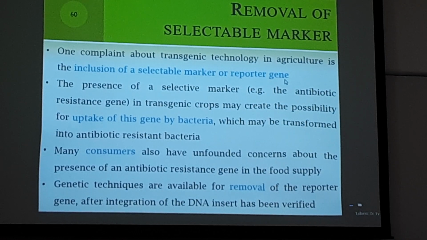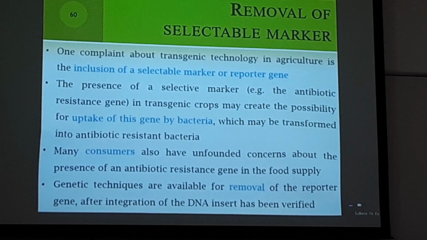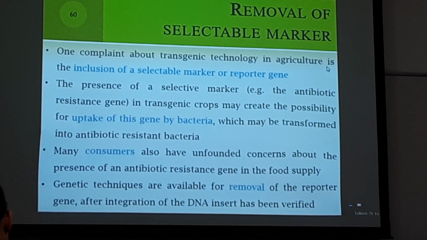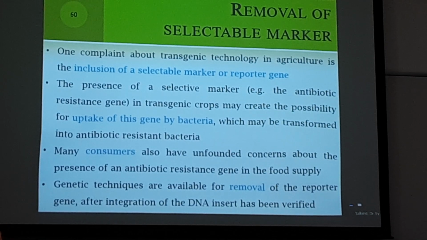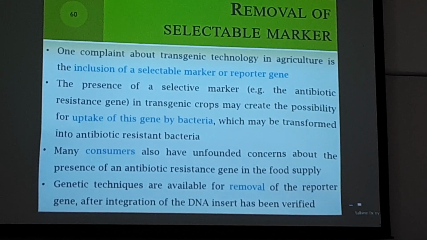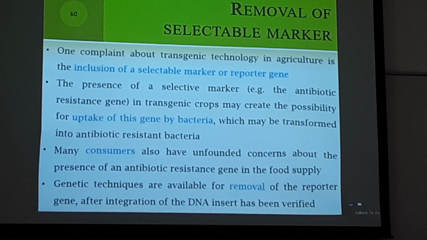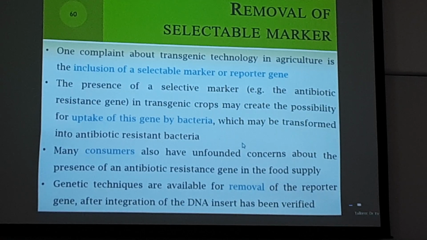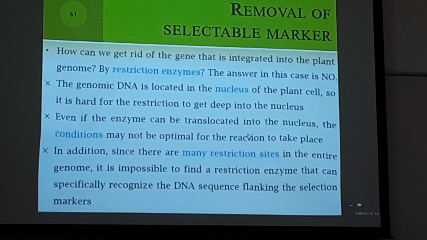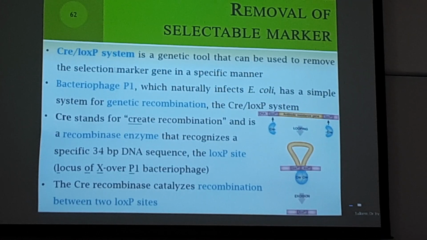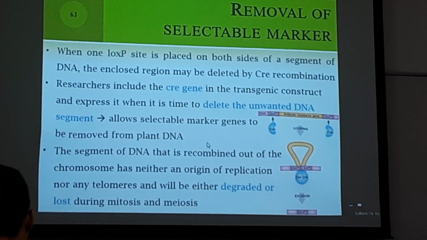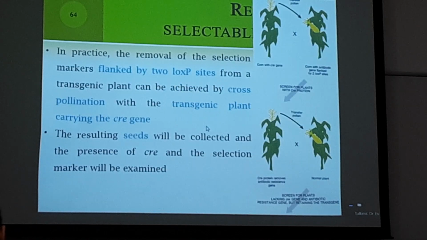After you make sure the plant is transgenic, you don't need them anymore, because they are not the genes that give you the new feature in the plant. So we have to have some way to take them out again, so that people will be a bit more accepting of GM food. For the tools, we have the Cre-lox system. We talked about this in the quiz already, so you should be able to tell how it works.